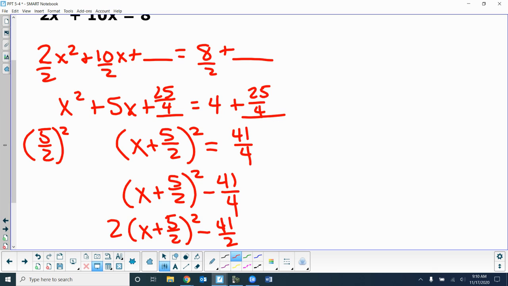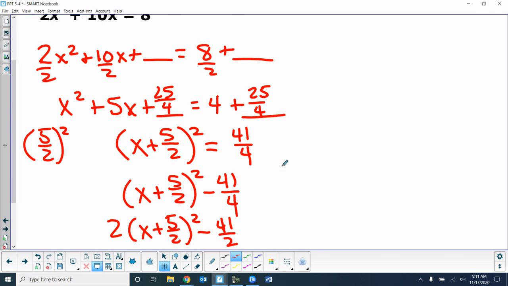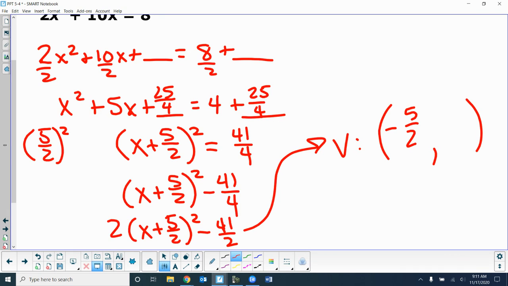All right, I have that in my calculator, right? 41/4 times 2, and then hit math fraction again. So it's 41/2. Okay, so what's my vertex then? -5, 41/2. Okay? So that's a tricky problem.